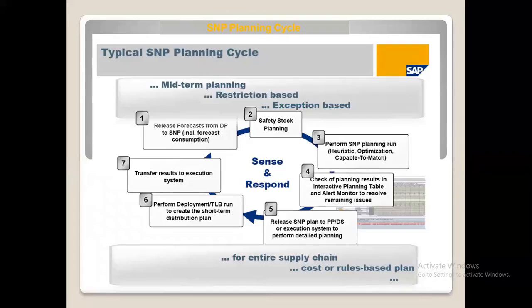For the first hour, how much quantity am I going to produce, for the second hour, how much quantity am I going to produce, like that. My machine, my resource, how much duration my machine has to work per day to get this quantity. These are going to be performed in PPDS.